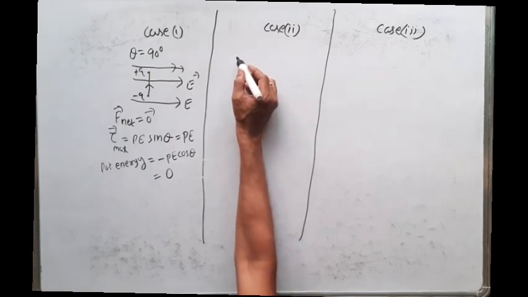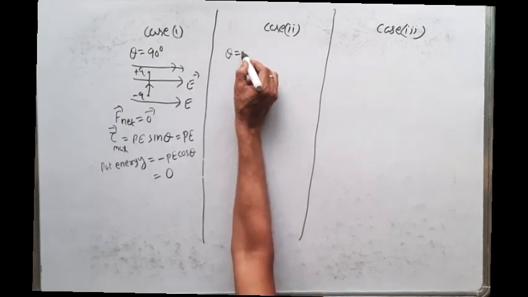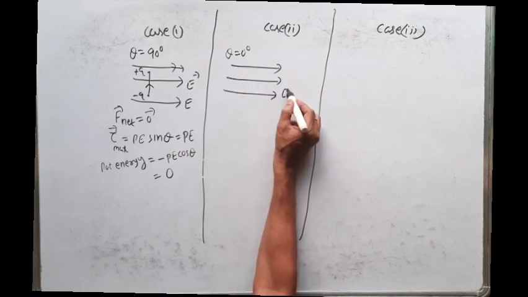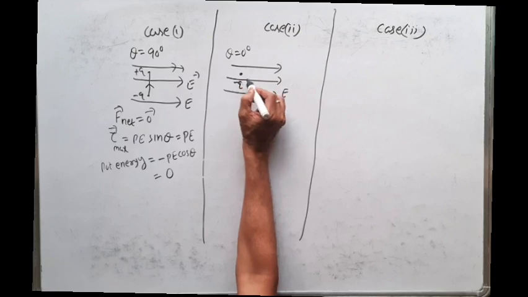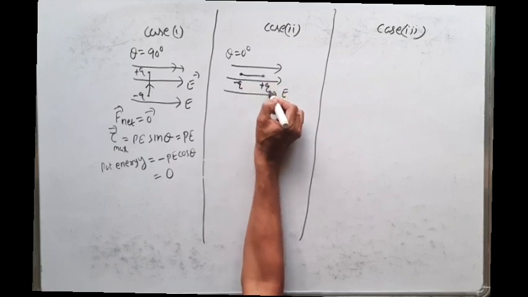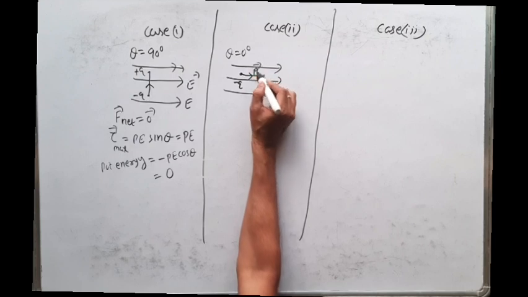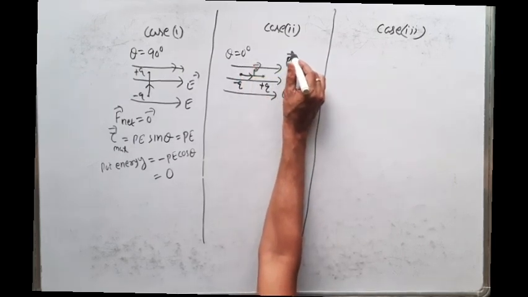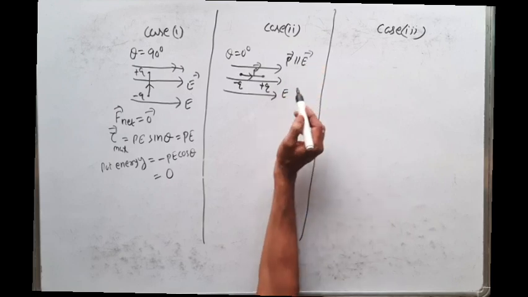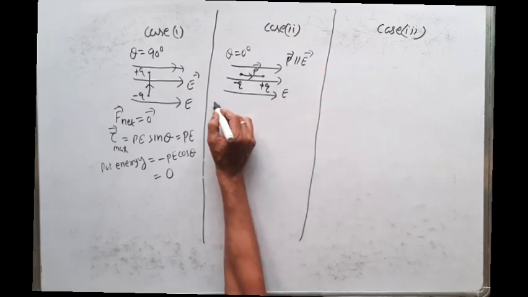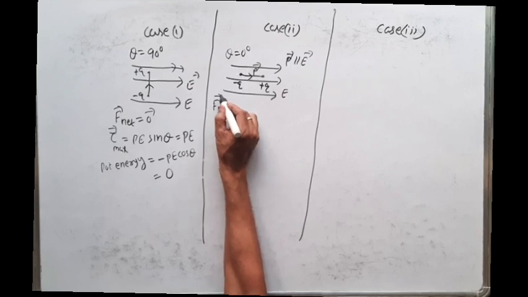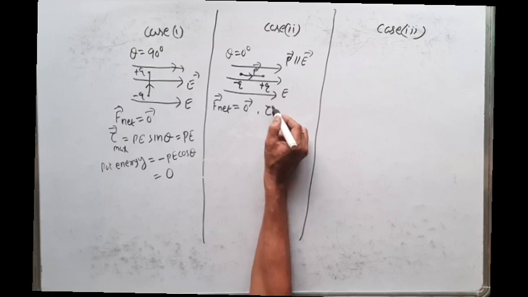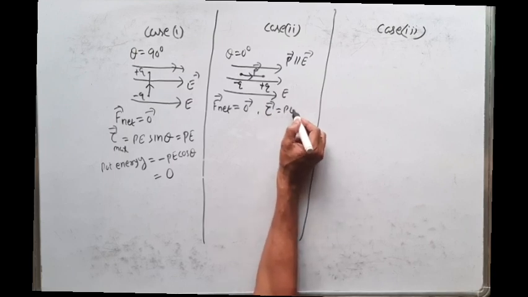Come to case 2. Case 2, here theta is equal to 0 degrees. Theta 0 degrees means the electric field vector and the dipole vector are parallel to each other. P vector is parallel to E vector. So here theta is equal to 0 degrees. Net force is always 0. And here what is the torque? Torque is equal to PE sin theta.